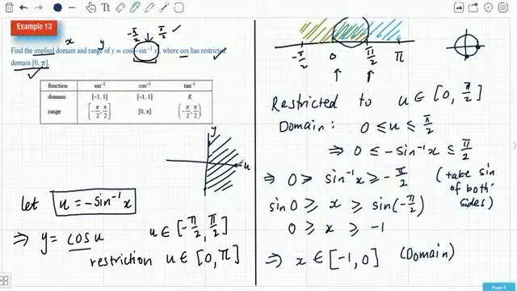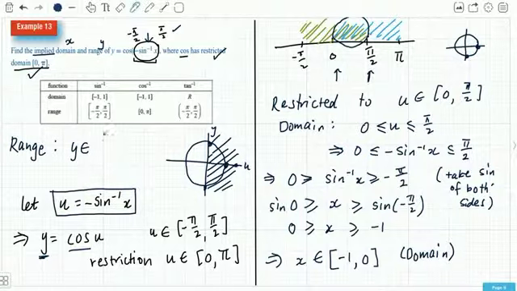The most that cosine can be on the unit circle is here, which is 1, and the least it can be is here or here, which would be 0. So the range for this function, in terms of y, is anything over this side that cos can be, with a maximum of 1 over here and a minimum of 0. So our range for y is an element between 0 and 1.